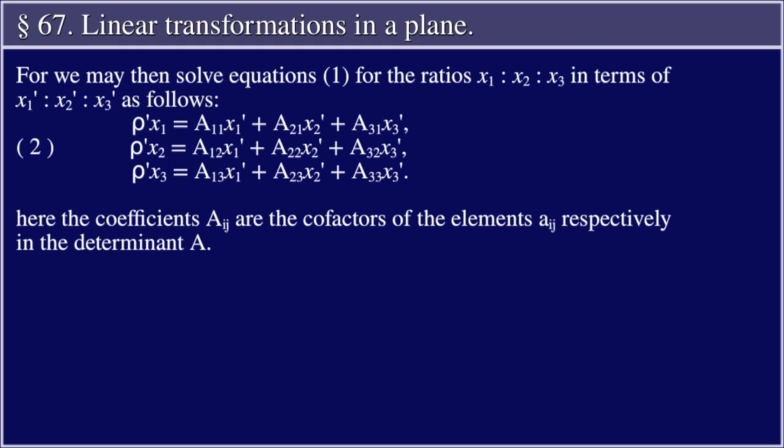Equations 2: rho' x1 equals A11 x1' plus A21 x2' plus A31 x3'. Rho' x2 equals A12 x1' plus A22 x2' plus A32 x3'. Rho' x3 equals A13 x1' plus A23 x2' plus A33 x3'. Here the coefficients A sub ij are the cofactors of the elements a sub ij respectively in the determinant A.